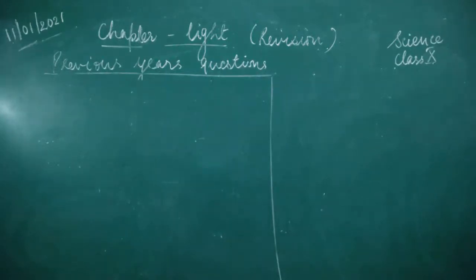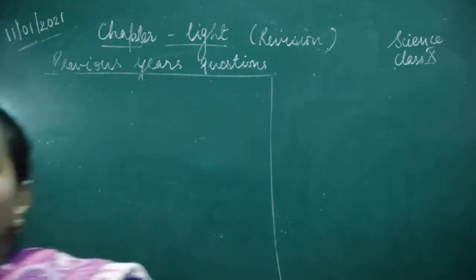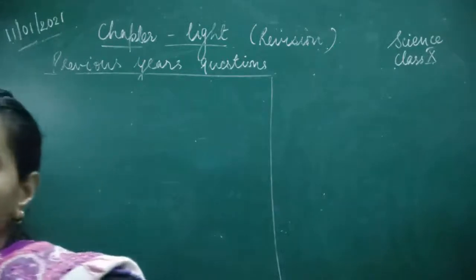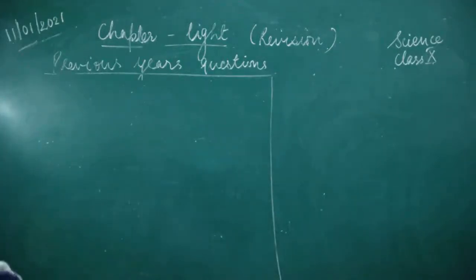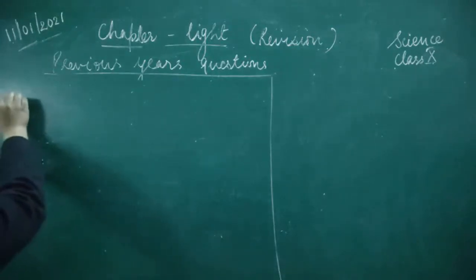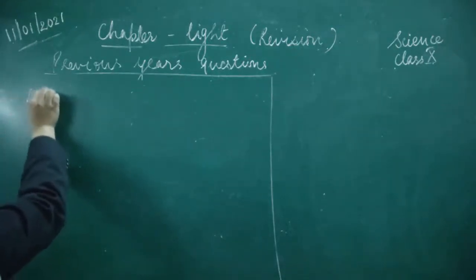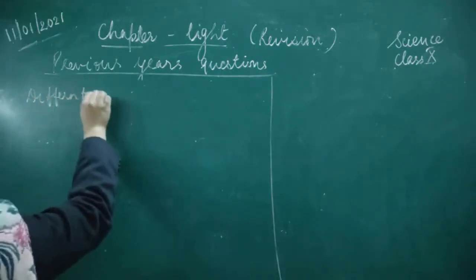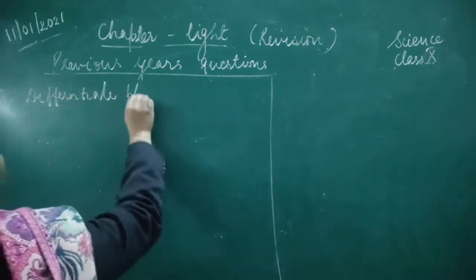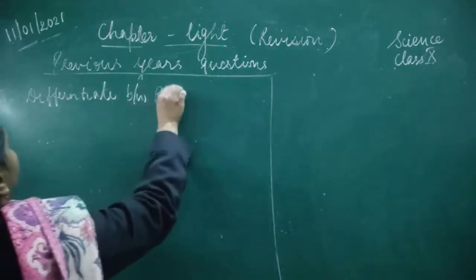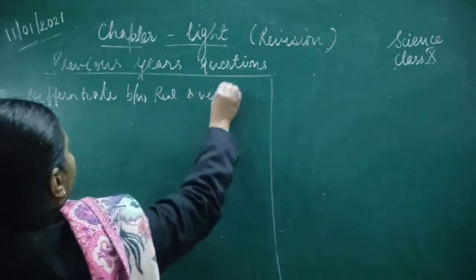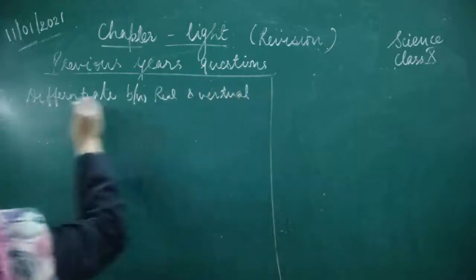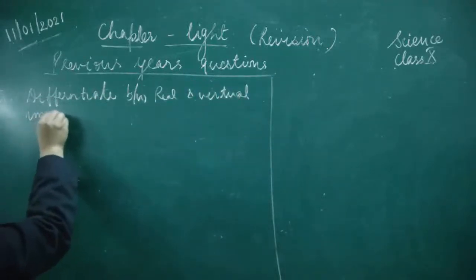So we have to write down the part of the question which is given over here. Again, this is one theoretical question. Question is, differentiate between real and virtual image. Okay.